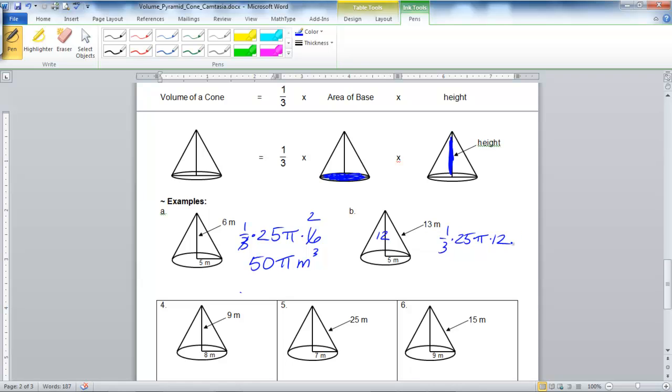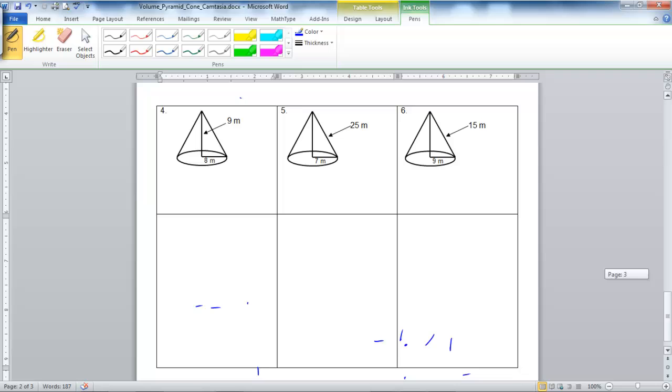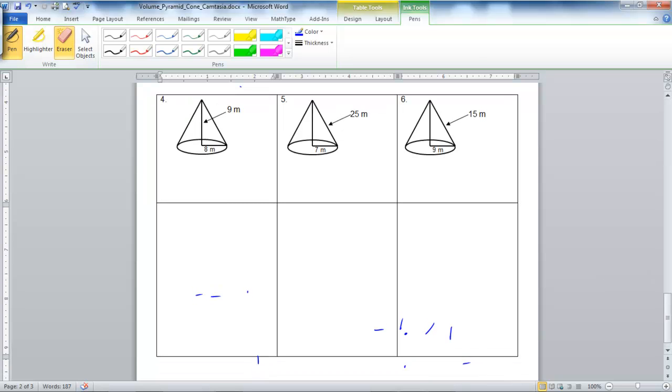Now if you get stuck, I'll show you what we can do in a later example as far as finding that missing height. But in this case, 3 goes into 12 4 times. 4 times 25 is 100. So 100 pi meters cubed. Again, here are 3 examples to work with.